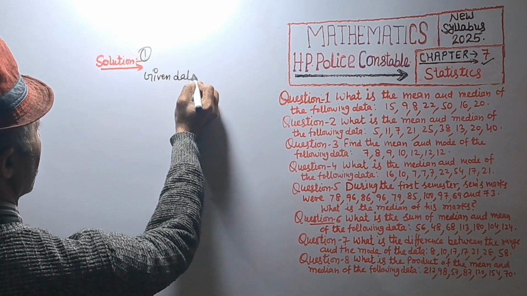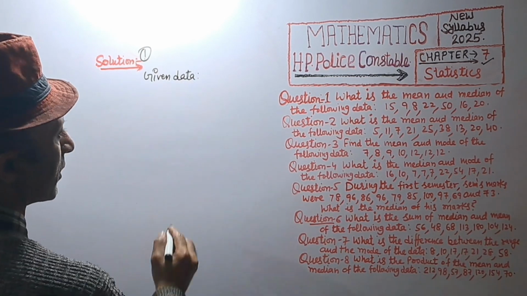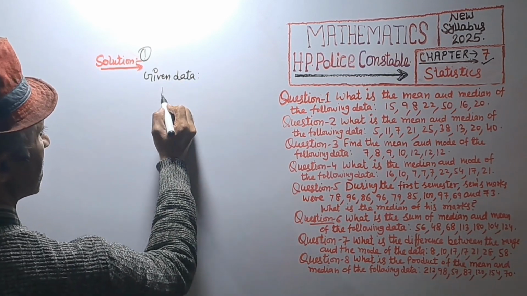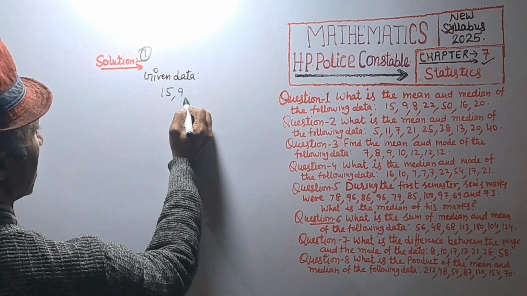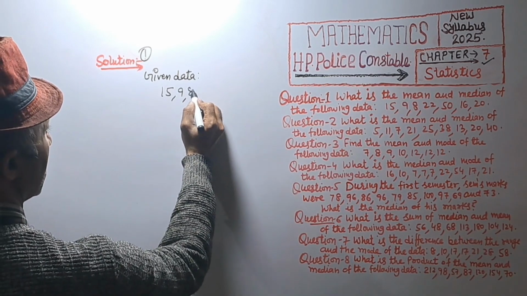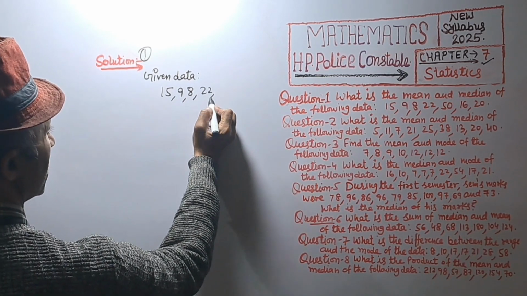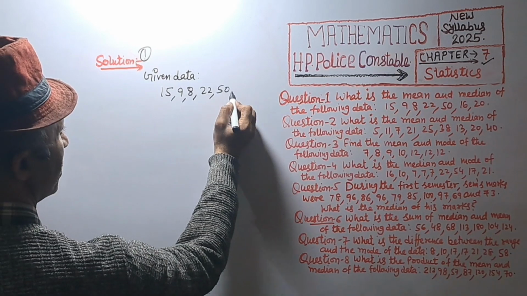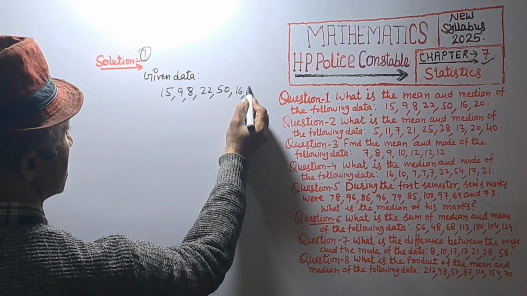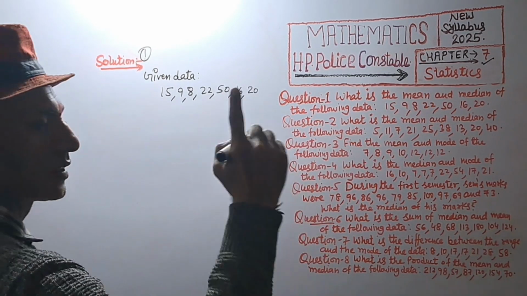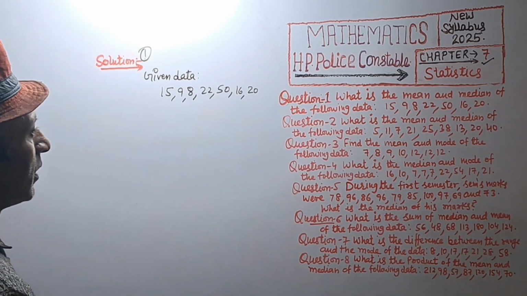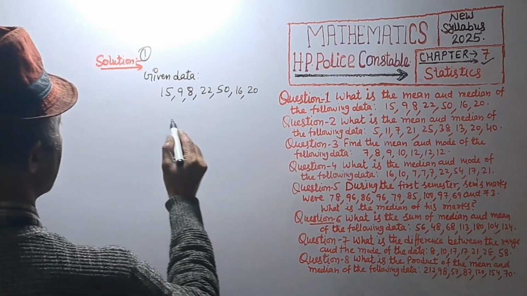Given data: 15, 9, 8, 22, 50, 16 and last, 20. First we find the mean.